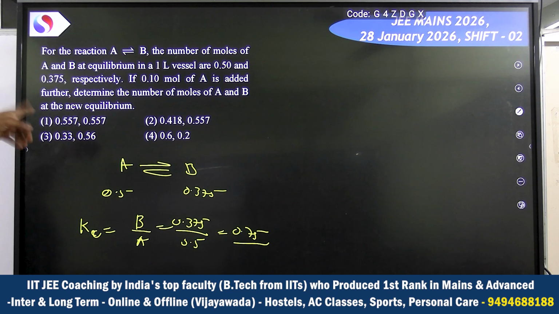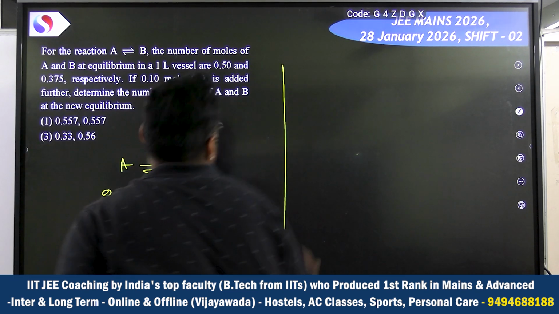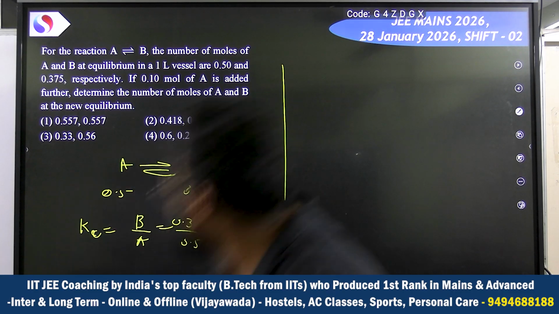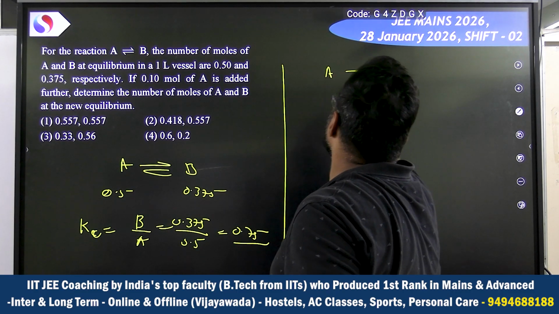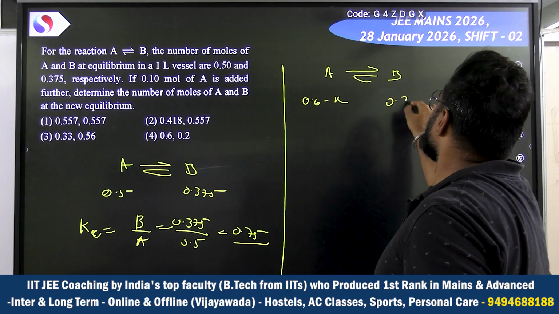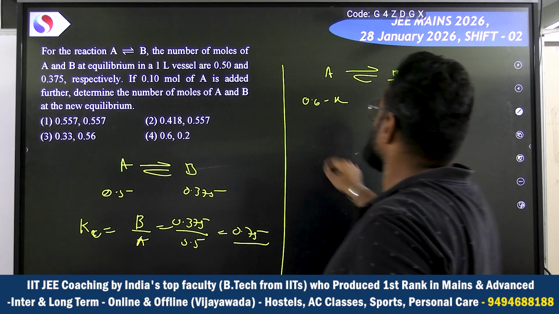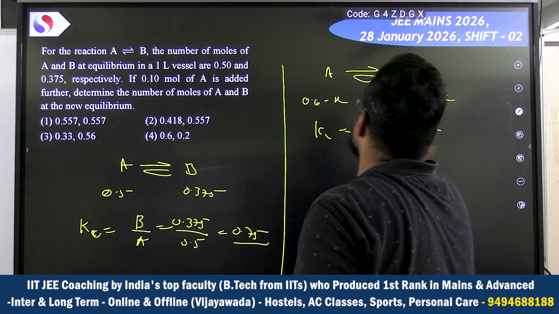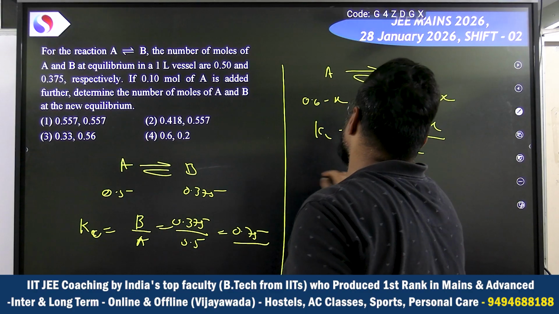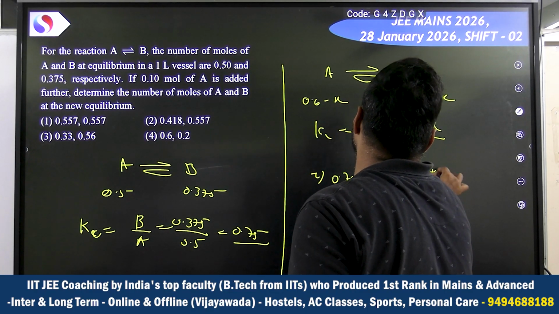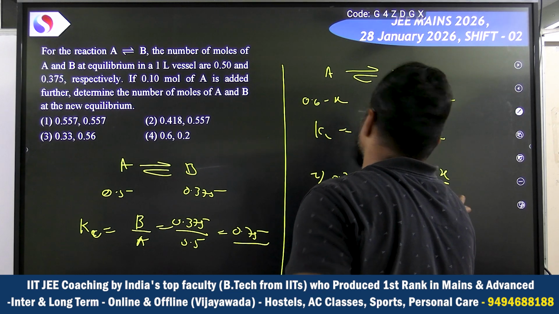Now the question says if 0.1 mole of A is added further, the new mole of A will be 0.6. So 0.6 minus x, and this will be 0.375 plus x. So Kc is equal to 0.375 plus x upon 0.6 minus x, and 0.75 is equal to that.